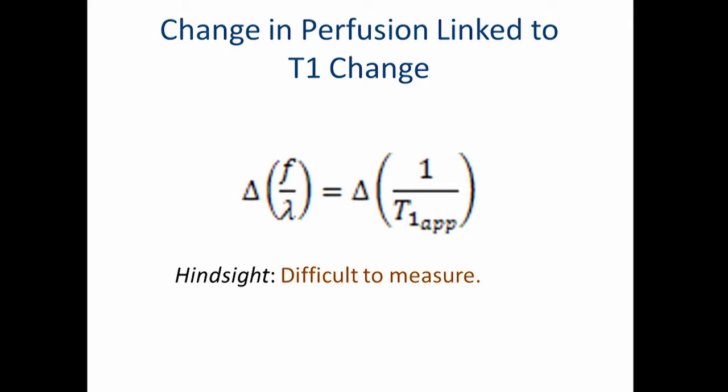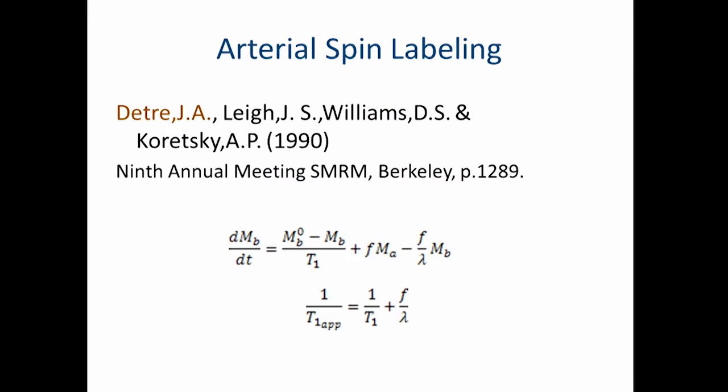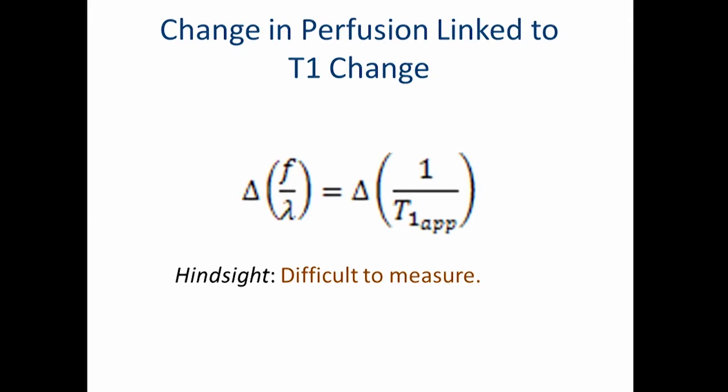Then it became very simple. His baseline perfusion affects the baseline T1. If I do a change in perfusion, I will see a change in T1. And that's much easier to measure, because now I can just measure the change in T1 if I can change the flow. And how do we change the flow? Easy, CO2, right?